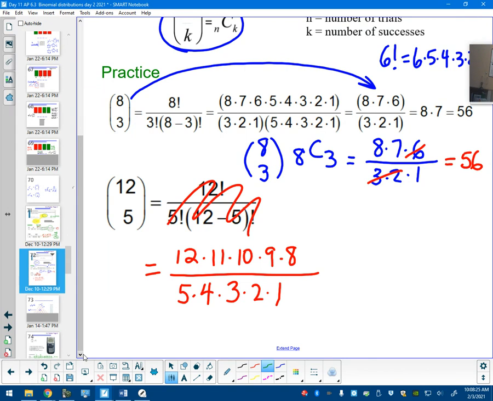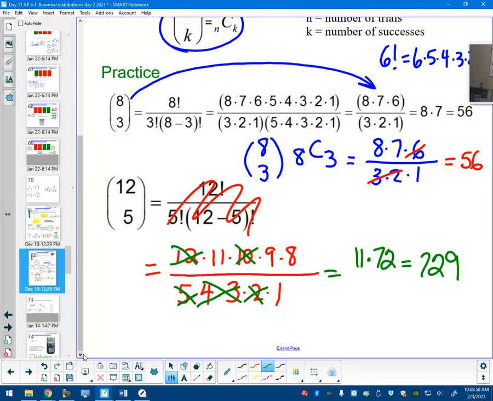And now I start slashing things. I know that 4 times 3 is 12, so I can take the 12 out. And 5 times 2 is 10, so I can take the 10 out. So now I'm left with 11 times 72, which is 729, I think.